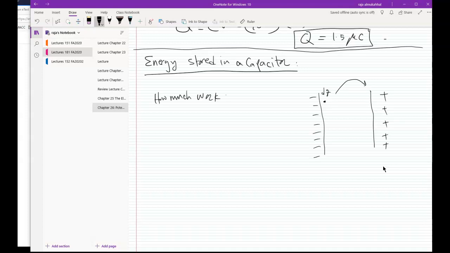I don't think this is derived in your book. But anyway, how much work is required to move all charges from one plate to another?